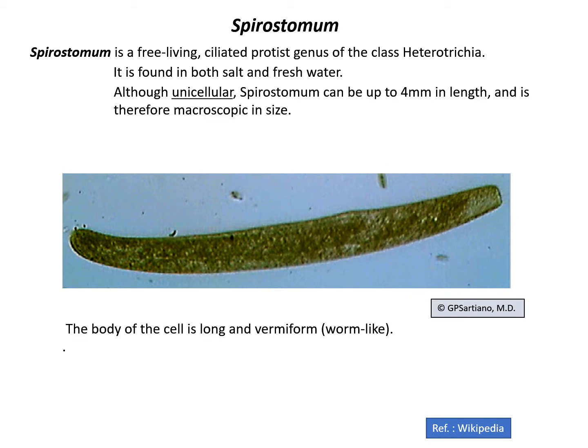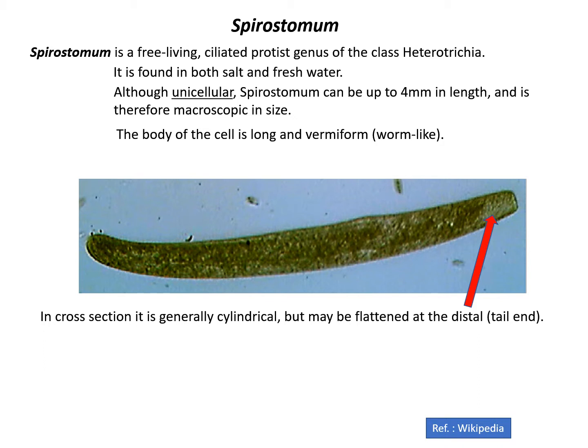The appearance of Spirostomum is that of a long and worm-like organism. In general, in cross-section, it is cylindrical in outline, but the organism may show flattening at the distal or tail end.